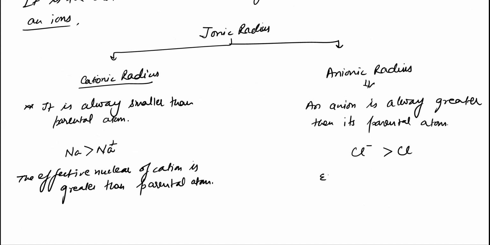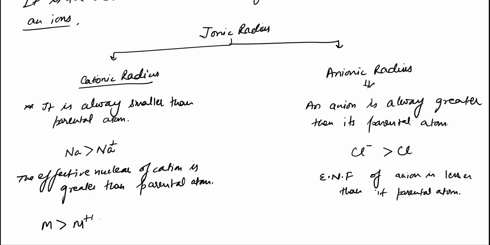And here, the effective nuclear force of an anion is lesser than its parental atom. Okay. So we can say that M is greater than M+, greater than M2+, greater than M3+. And here, M3 minus is greater than M2 minus, greater than M minus, greater than M. Noted?